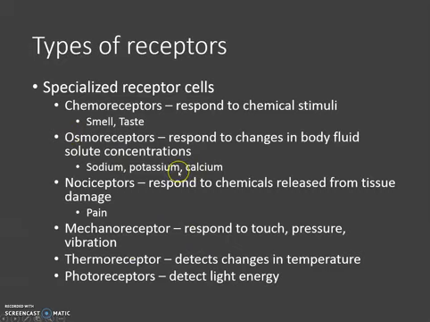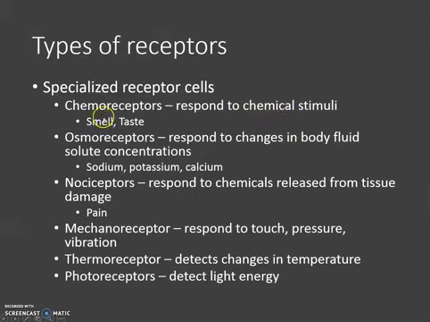So within these specialized receptors, we can also take a look at what kinds of stimuli each type of receptor responds to. So chemoreceptors are receptors that respond to chemicals that bind to receptors on the dendrites of the neuron.